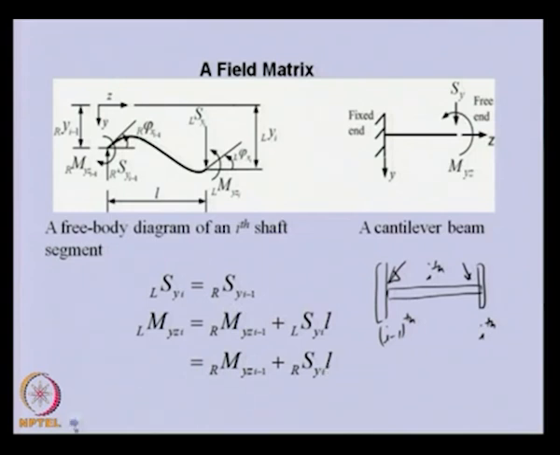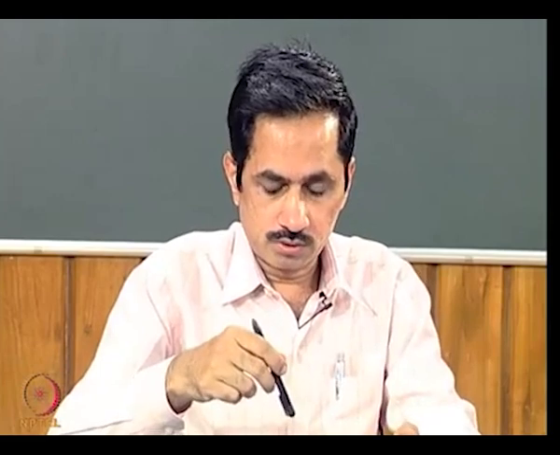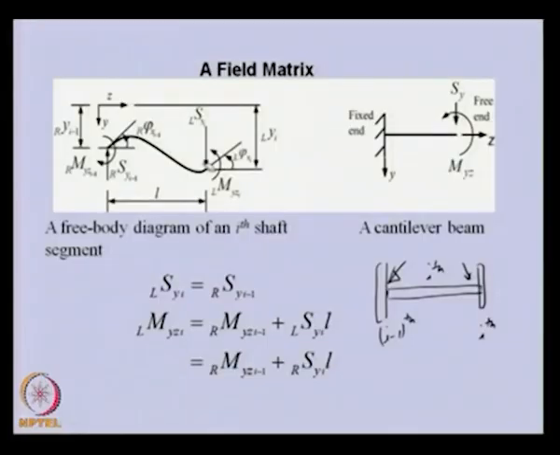Now we want to relate the displacements. The linear displacement of this end of the shaft, I am talking about the absolute displacement, will be the relative displacement of this end with respect to the left end plus the displacement of the left end itself. So, you can see there are two components of this displacement: the displacement of this end with respect to the left end, and the displacement of the left end itself.